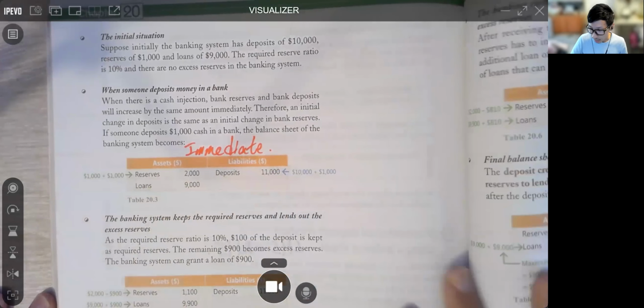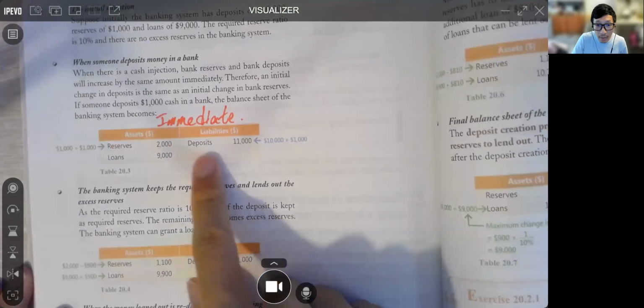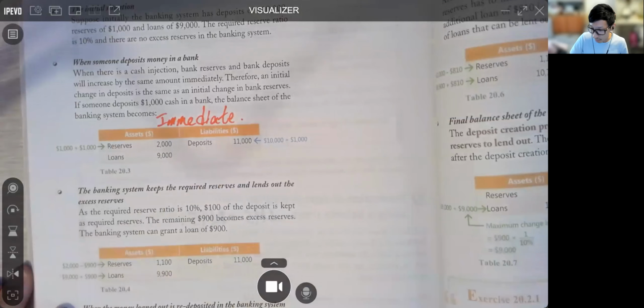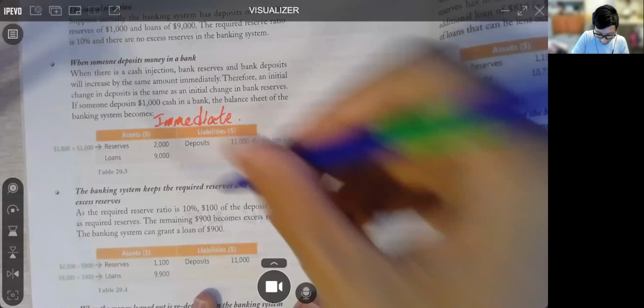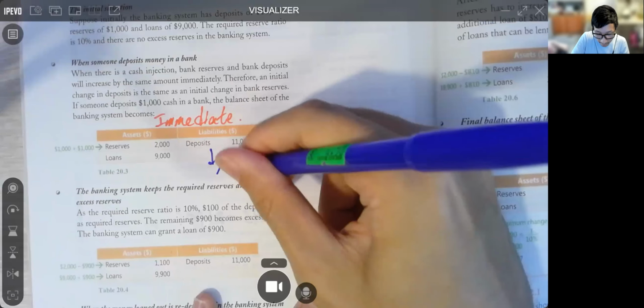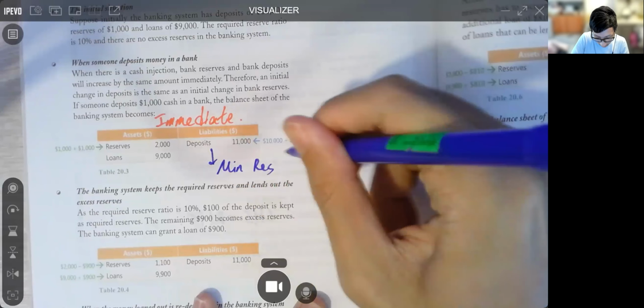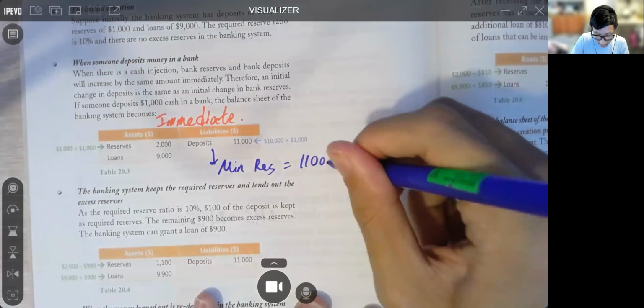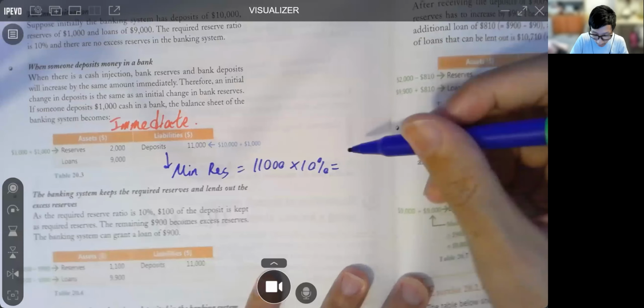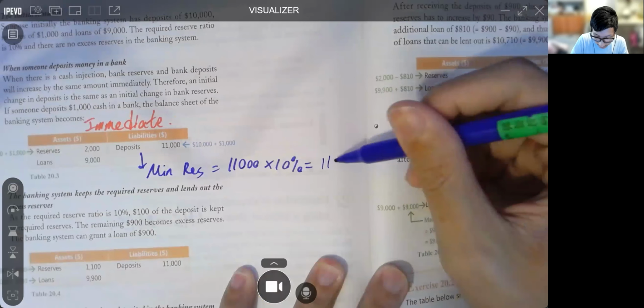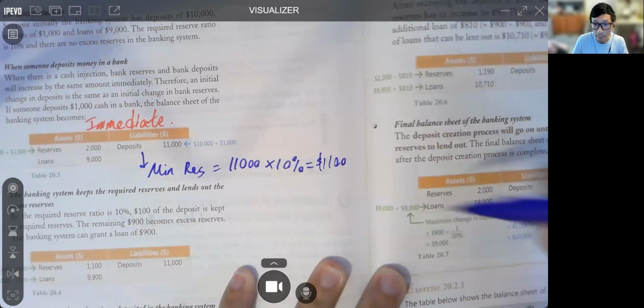好啦 now remember, now here, let's calculate what is, under the new deposit, what would be the new minimum reserve? 11,000 times 10%. So the new required reserve is actually only 1.1K.